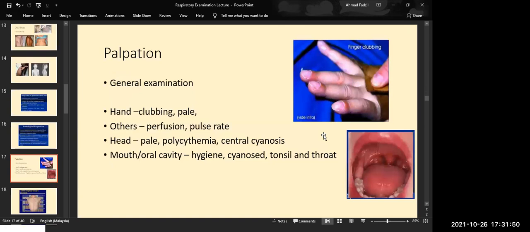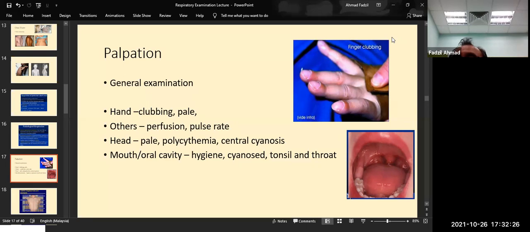So you have to position your hands. You have to use the little side of your hand.